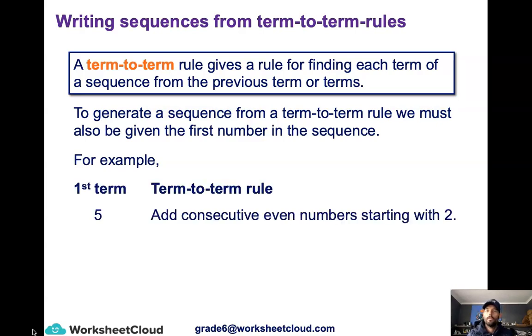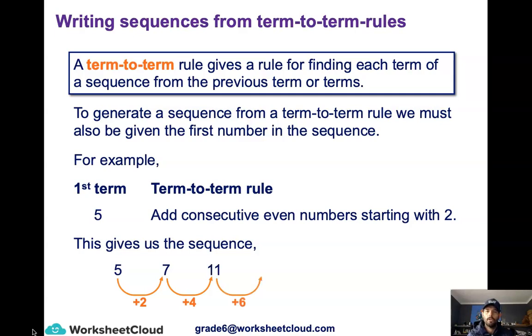So if I, for example, give you a first term of 5 and my term-to-term rule stated add consecutive even numbers starting with 2, then that would give us a sequence of 5 add 2 is 7, and then we need to add consecutive even numbers, so you add 4, then you add 6, then you add 8, then you add 10, and you would continue going on by adding an extra 2 each time.